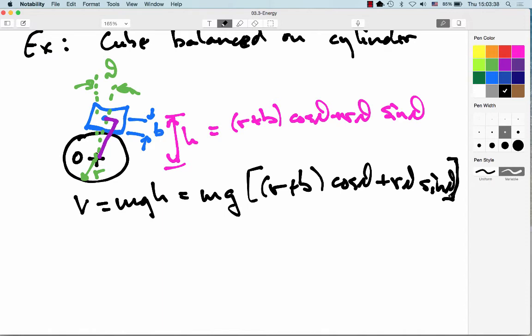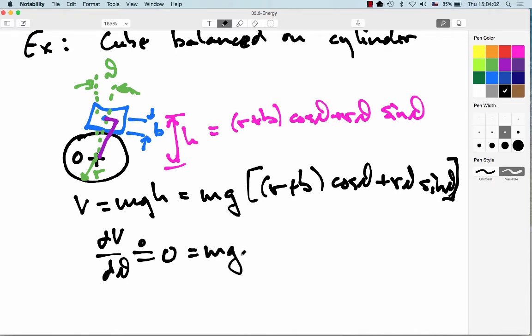All right. Now, we know that to have a point of equilibrium, you're at an extremum. So to be at an extremum, we will be requiring that dV d theta be set equal to 0 at our extremum. Okay.